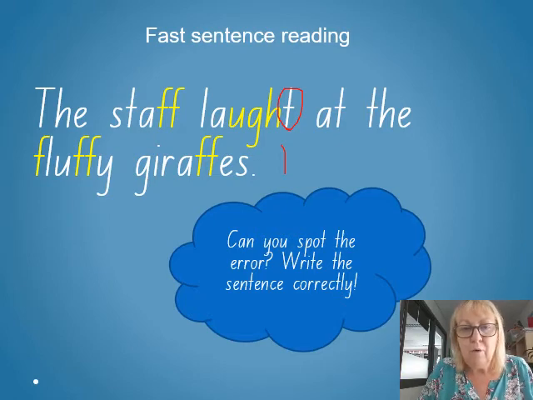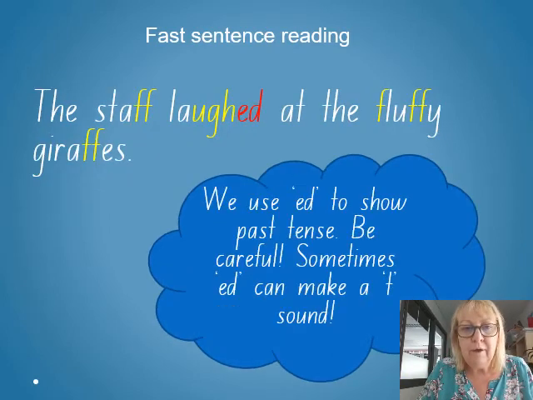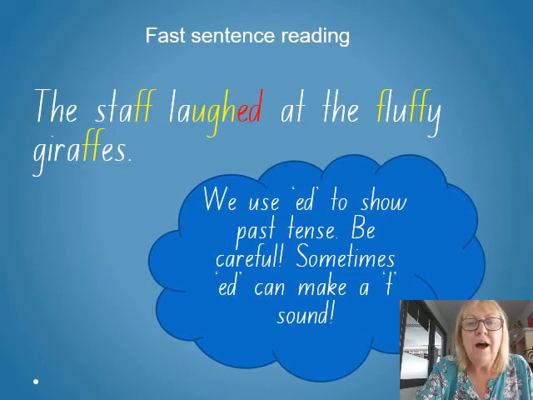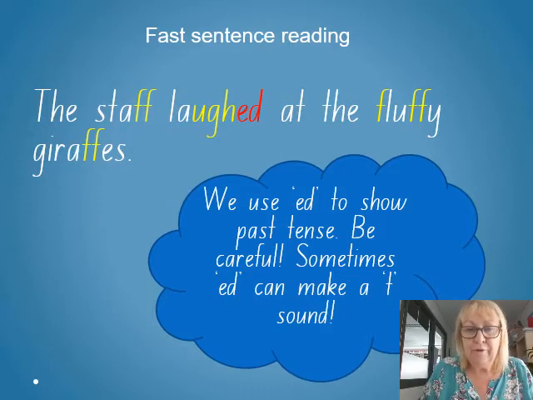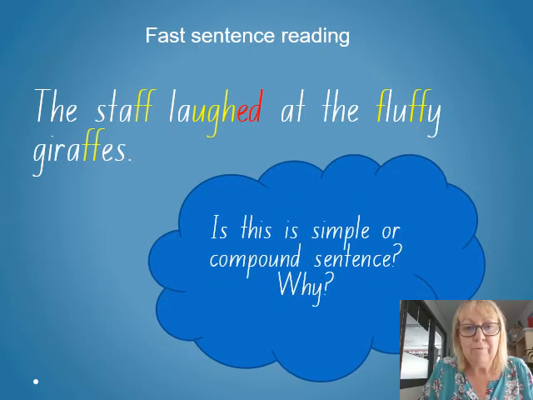Let's see what it should be. There it is. The staff laughed. Even though it makes the t sound, it has to have the ed at the end of it. So we use ed to show past tense. But be careful, sometimes ed makes the t sound at the end. Good job if you picked that out, everybody.